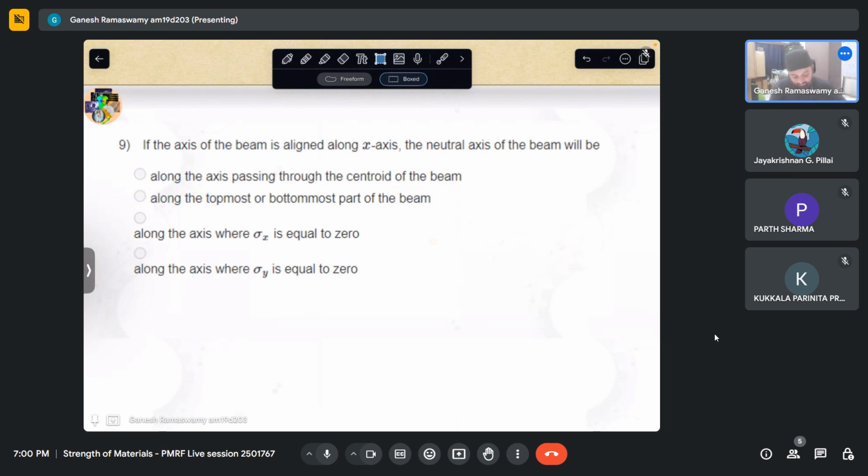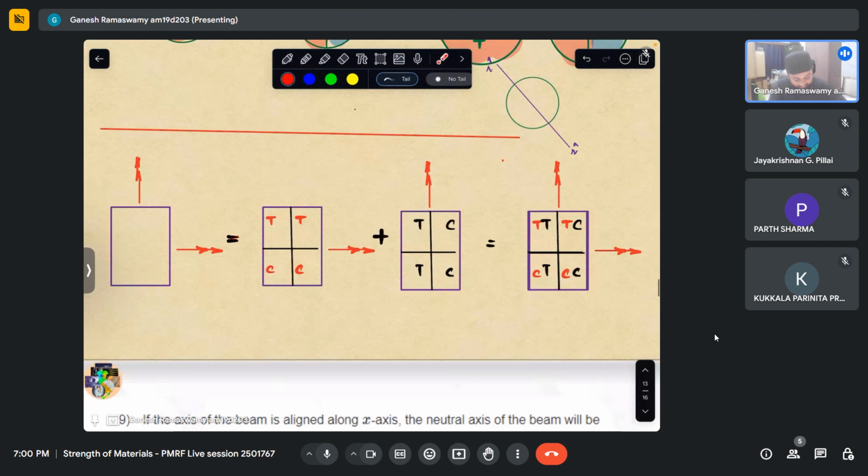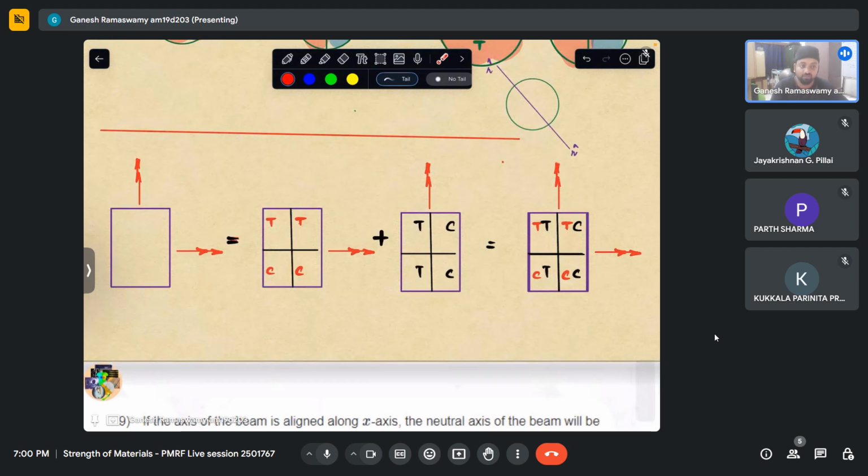Now we are talking about a beam which has its axis along x. So all these tension, compression, whatever we are seeing, these are all stresses with the subscript x, assuming that x is the longer dimension of the beam, which is the length of the beam. So x is the axis.